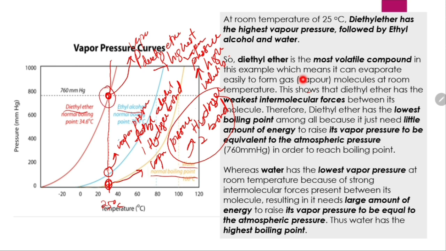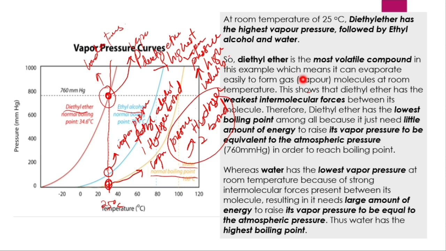Whereas in diethyl ether, we only have the weak London forces. The weakest intermolecular forces in diethyl ether make it easy to evaporate, changing itself from liquid to vapor molecule at room temperature.